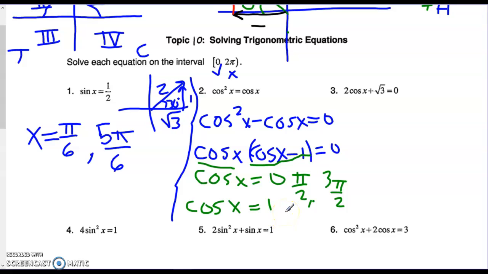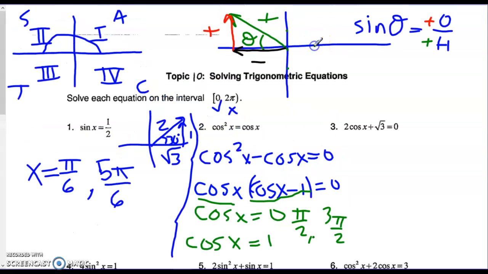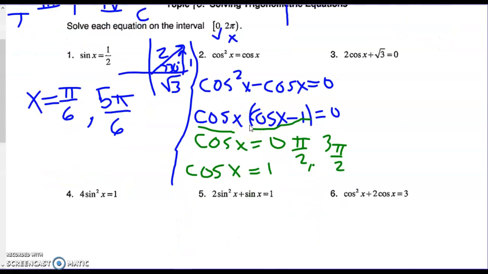So when is the cosine of x equal to 1? Well, that would be over here at like 1 comma 0. So that would be 0 and 2 pi. However, 2 pi is not in the interval, so therefore 0 is the only possible answer we would get.